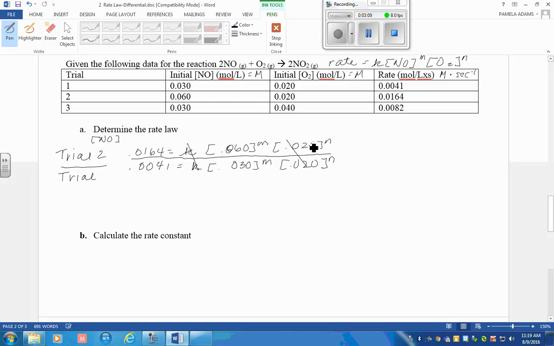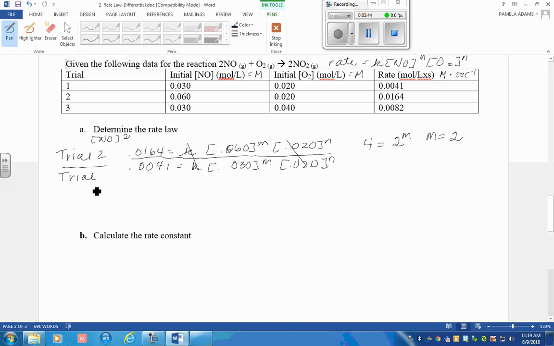This drops out as well, and we are then left with 0.0164 divided by 0.0041 is equal to 4. And our other term is this divided by this, which is 2 raised to the n power. So we're looking for what exponent on 2 would give us 4? 2 raised to the second power will give us 4. So the order of NO is 2.